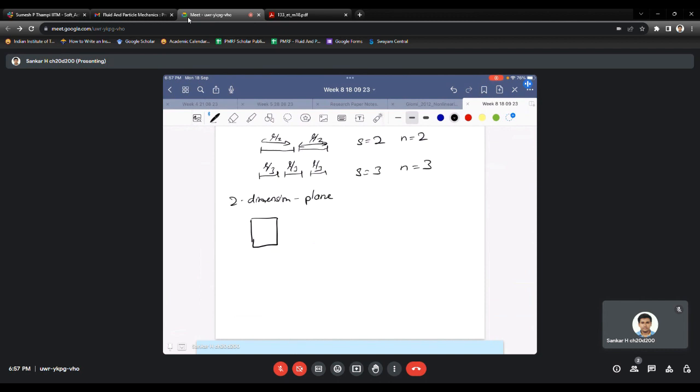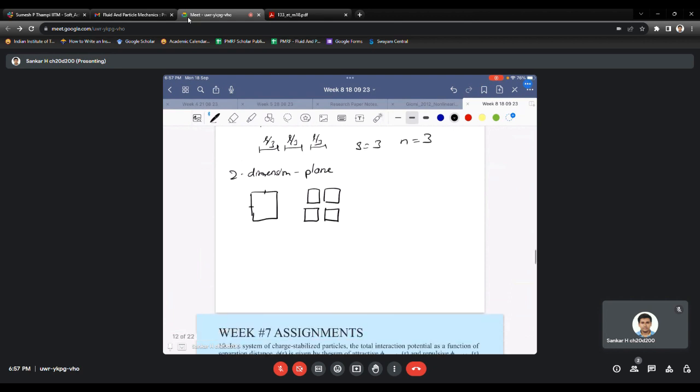If I cut each dimension in the square into two equal halves, I'll end up with 4 squares. Similarly, if I cut each dimension of this square into three equal parts, I'll get 9 squares.